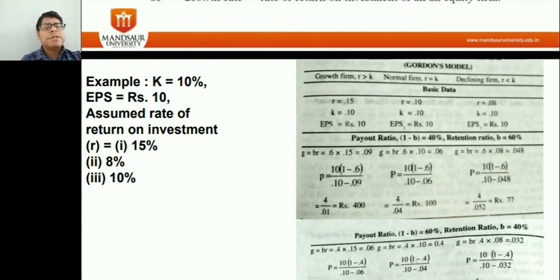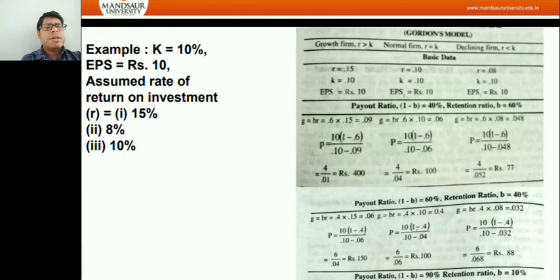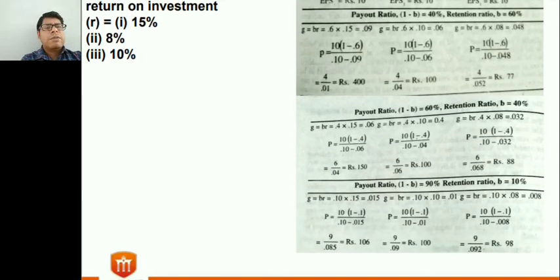When we calculate the price of the share, it is 400 for the growth firm, in the normal firm it is 100, and in the declining firm it is 77. When the retention ratio decreases from 60% to 40%, that means the payout ratio increases from 40% to 60%, then the share price changes to 150 from 400. In normal firms the share price stays as it is, and in the declining firm the share price increases.